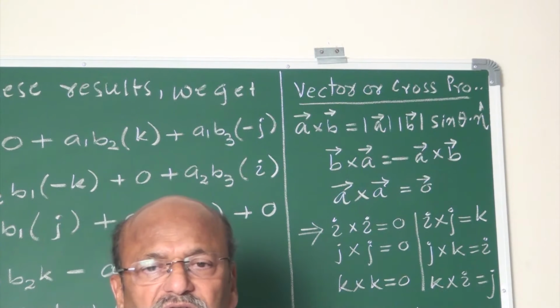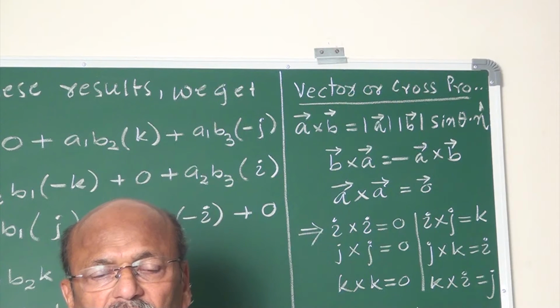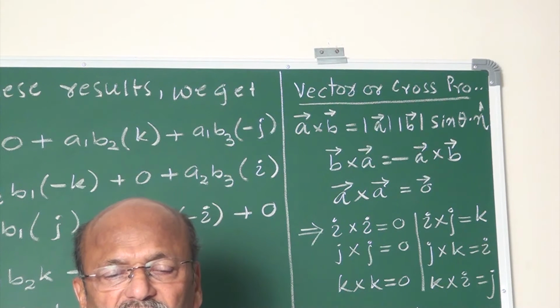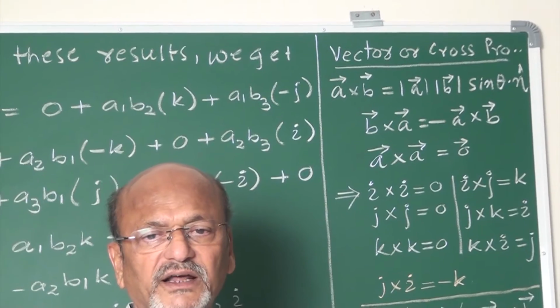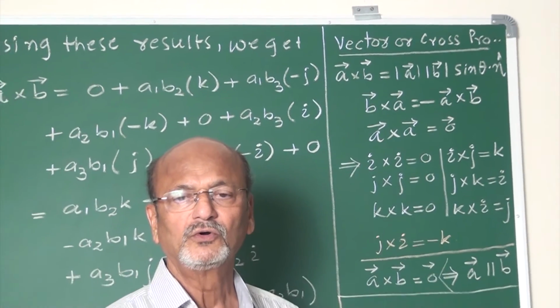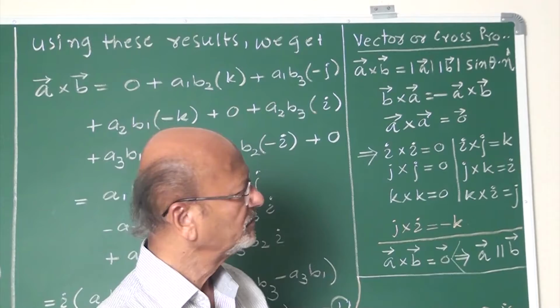That eta cap is a unit vector in a direction perpendicular to both vectors A and B, or in a direction perpendicular to the plane containing the vectors A and B.